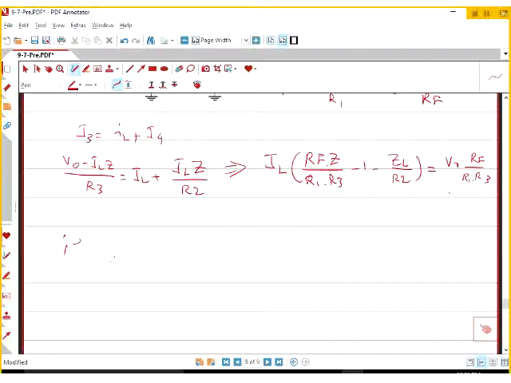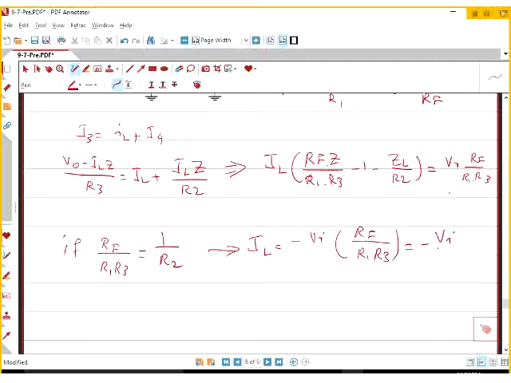Now, under this condition, if RF divided by R1 R3 is chosen equal to 1 over R2, which is not a big deal, you can pick RF, R1, R2, and R3 to make this equation correct, then what you have is IL equals minus VI multiplied by RF over R1 R3, and of course, if you choose that one, this is minus VI divided by R2.